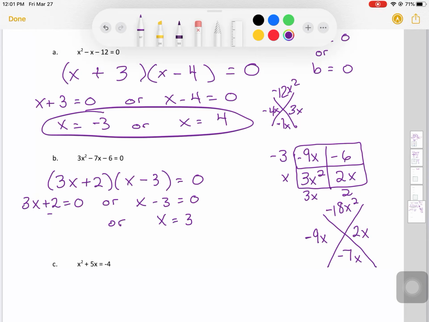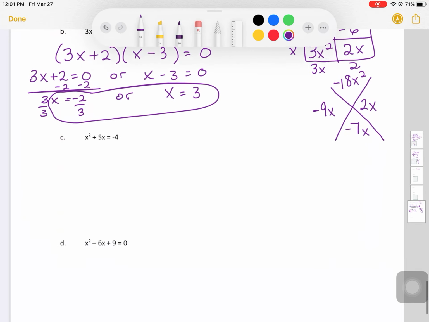X is going to equal 3. This one takes maybe a little bit more work on your part. So we get x equals negative 2/3. So my two solutions here are going to be x equals negative 2/3 or x equals 3. And in either case, if x is either one of those numbers, then my outcome is going to be 0. And that's what we call the zeros or the roots.